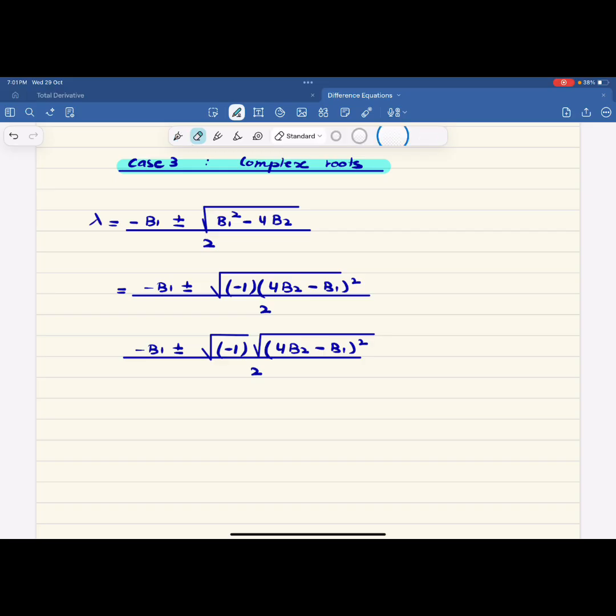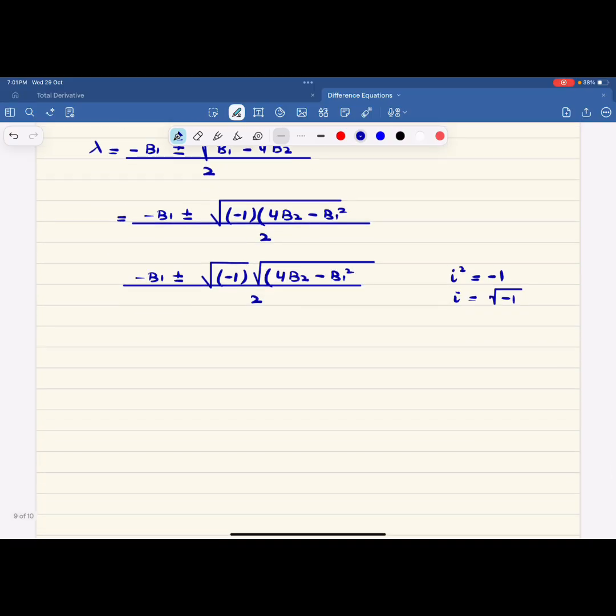Oh, this wasn't a whole square, it was β1 squared, my bad. We know that i squared is minus 1, therefore i is the square root of minus 1. So we can write this whole thing as i times the square root of 4β2 minus β1 squared, over 2.